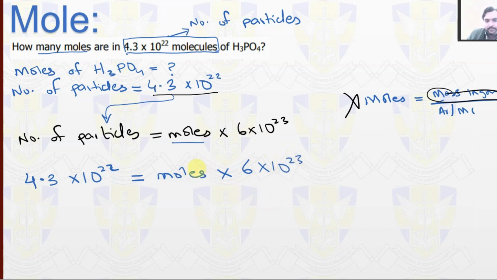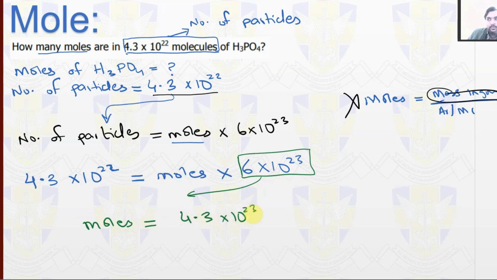Now since you have to calculate the moles, you have to bring this complete number to the left hand side. When you bring it to the left hand side, the formula becomes moles equals 4.3 into 10 to the power 22 divided by 6 into 10 to the power 23, since it was multiplied on the right, so on the left hand side it is dividing.